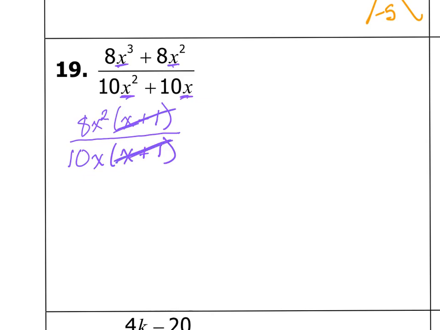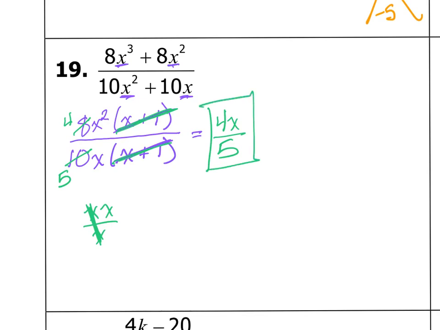And then we're going to simplify it a little bit more here, by the way. What goes into both 8 and 10? 2, right? So 2 goes into 8 4 times, and 2 goes into 10 5 times. And then I've got an x and an x on the top and an x on the bottom. So that leaves me with 1 x on the top and no x's in my denominator.